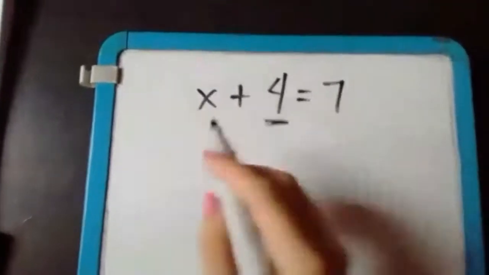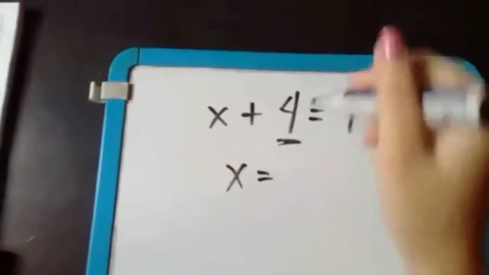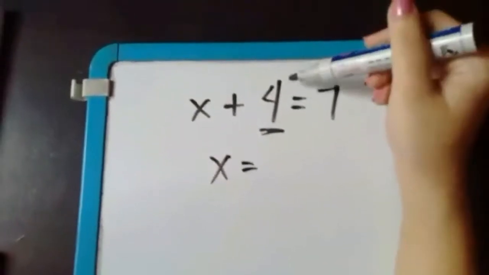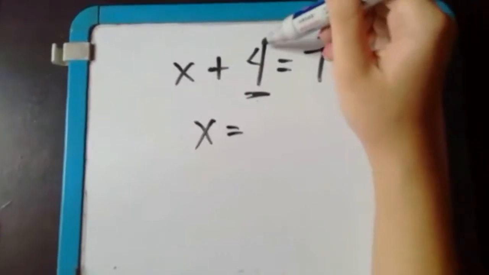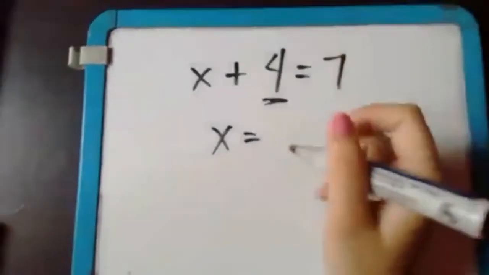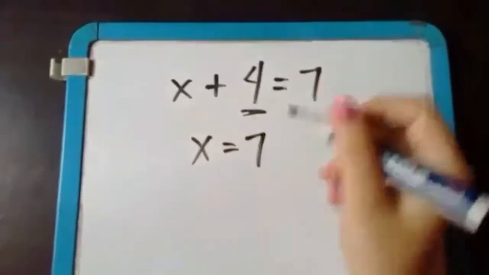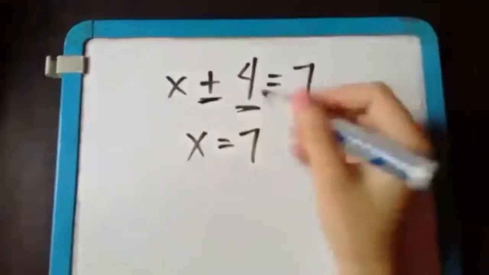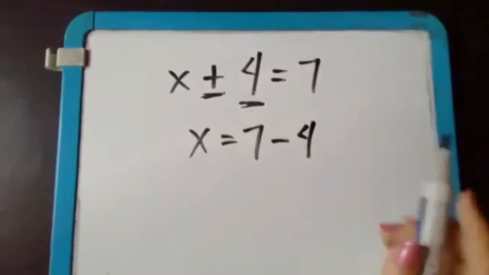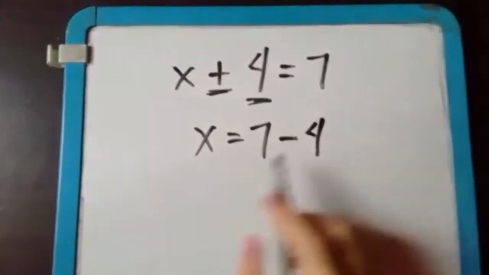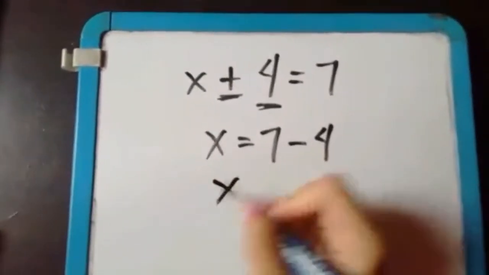So it's going to be x is equal to, we're going to transpose this variable into this side. So it's going to be x is equal to 7, we're going to change the sign, minus 4. So now we're going to do subtraction. So it's going to be x is equal to 3.